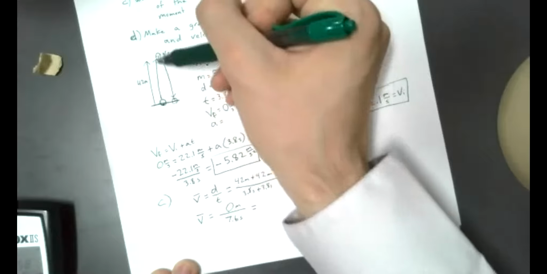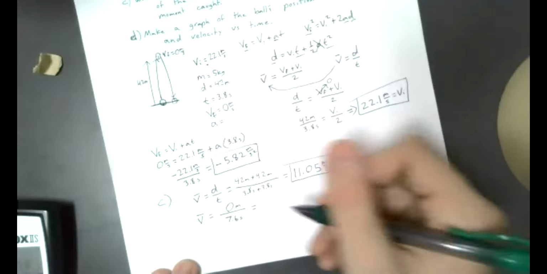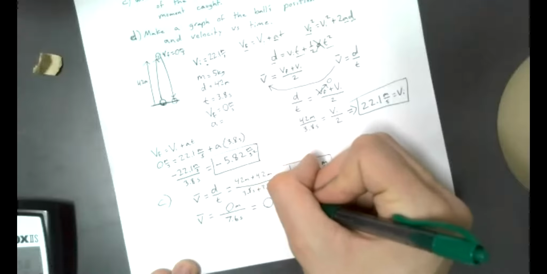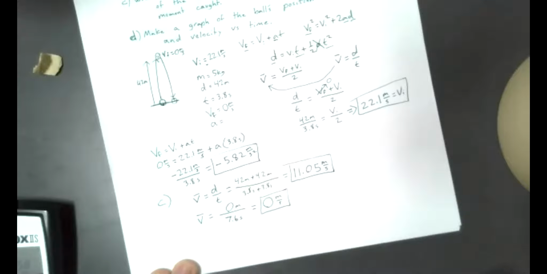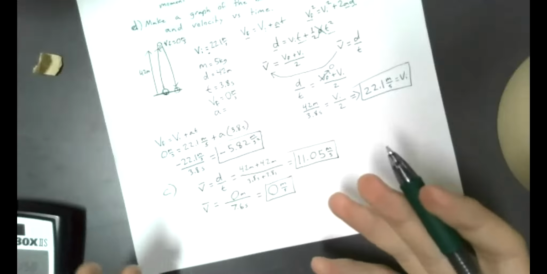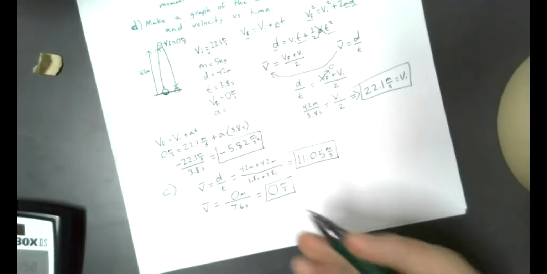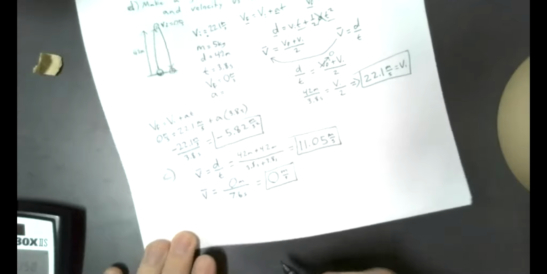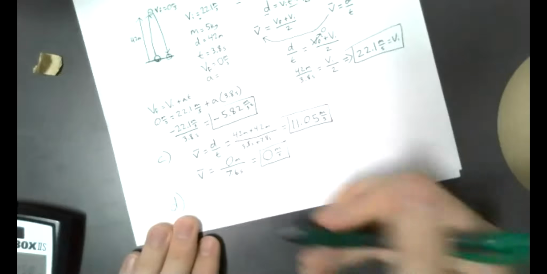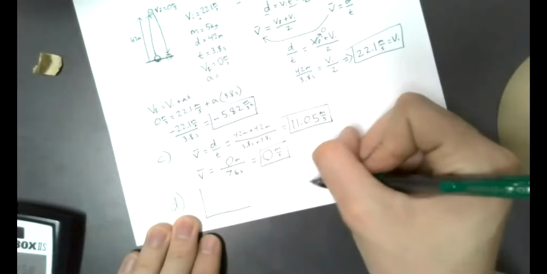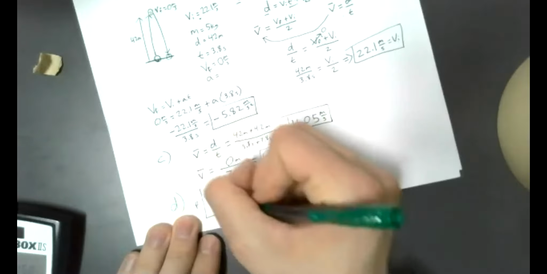Going all the way up and coming back down, we have no displacement, which means the average velocity for this trip is 0 meters per second. You don't need to include a direction for this velocity because 0 in what direction doesn't really make any sense. And lastly here, D, we want to make a graph showing the ball's position versus time.